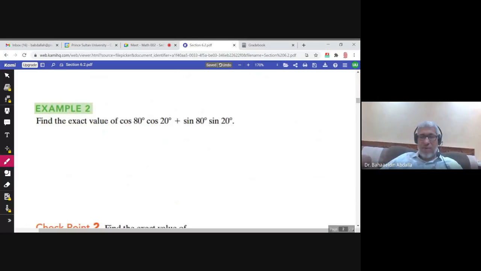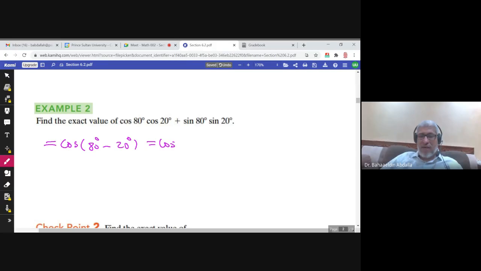Now another example. Find the exact value of cosine 80, cosine 20 plus sine 80, sine 20. If you look carefully here without using a calculator, this question, cosine cosine plus sine sine, this means cosine of alpha minus beta. Alpha is 80, beta is 20.